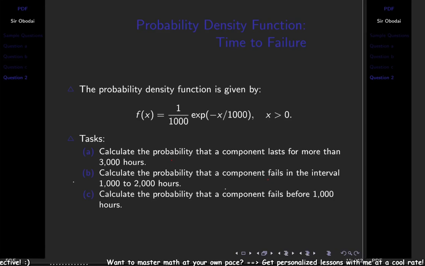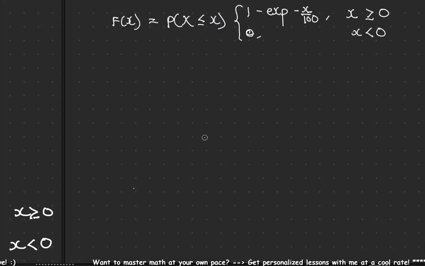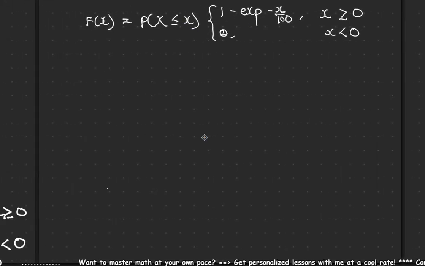So let's come back here, and then we said for our cumulative distribution, for our random variable x less than small x, this is what we should write over here. But then what we want to solve for is more than.